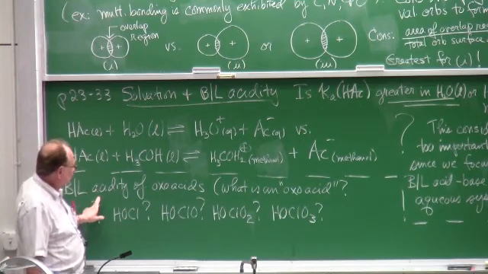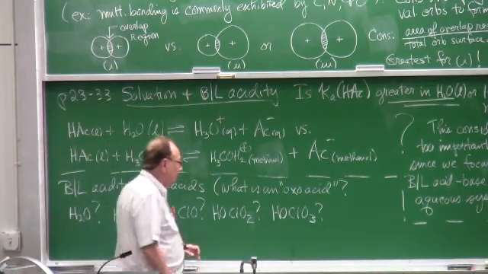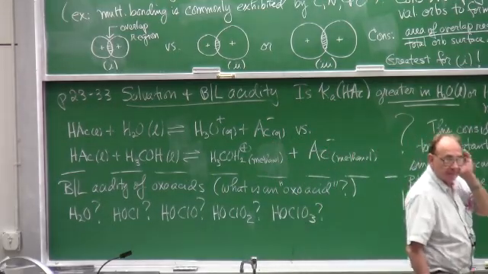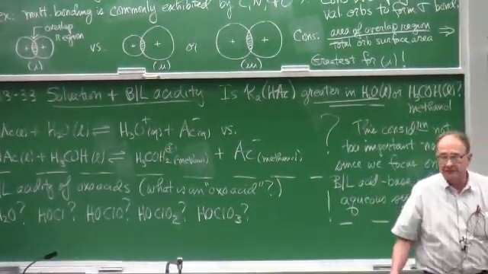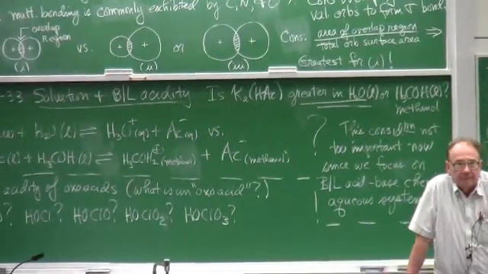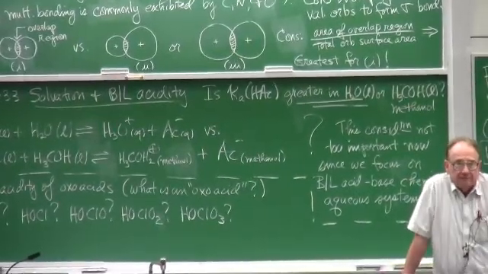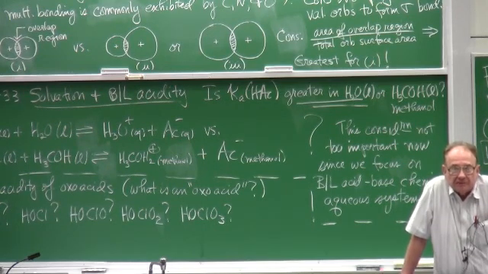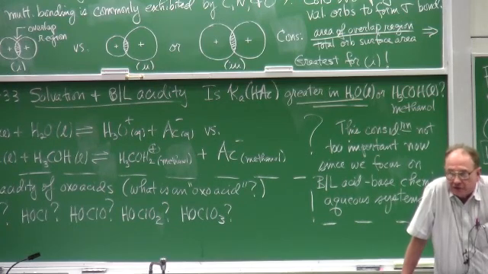Bronsted-Lowry acidity of oxoacids. Well, first of all, what's an oxoacid? An oxoacid is a species which has in its structure and composition one or more peripheral oxygen atoms.